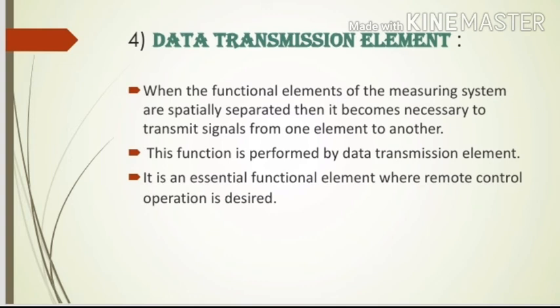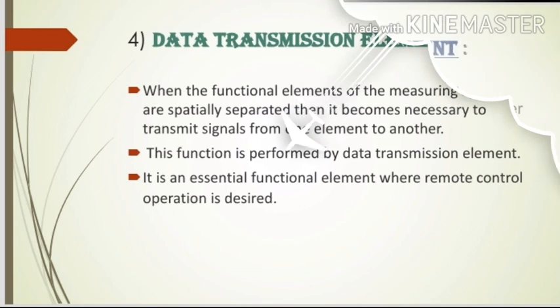For example, to transmit the data from any plant to any control room by any means, such as cable wires, walkie-talkie phones, or any pipelines, or from computers or any means of communication, etc. One of the most important examples is the telemetry system that is used in space to get the data from the satellites to the space research center or the space research control room.